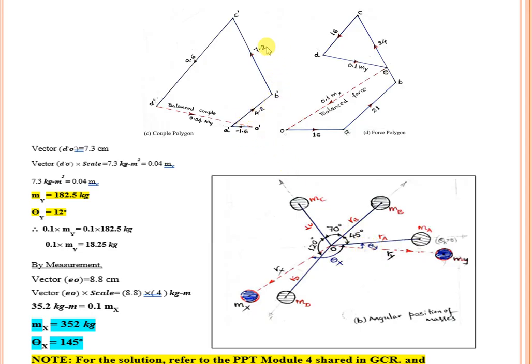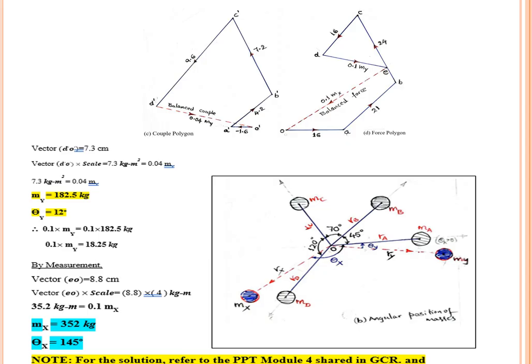Next 4.2, 7.2, 9.6, and the balance couple is 0.04 of my. Here we are supposed to measure this distance and find out my. It is 182.5 kg, and the corresponding orientation with respect to point Y is 12 degrees.